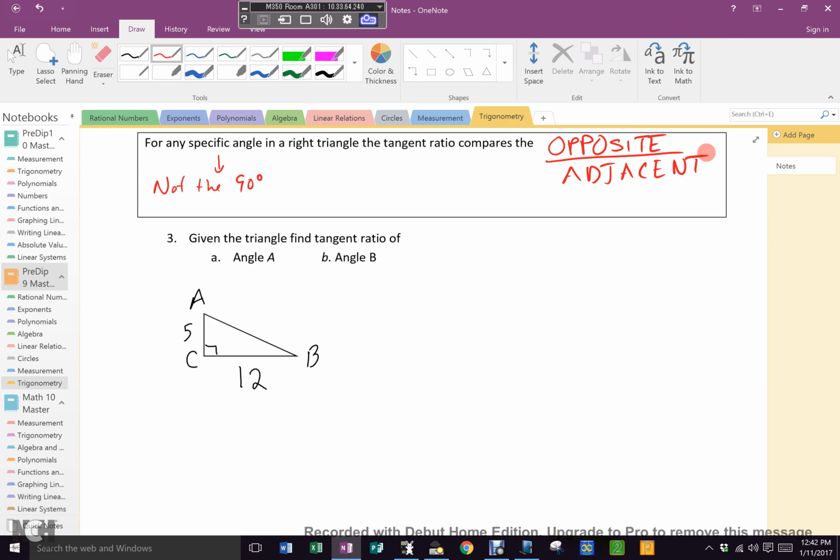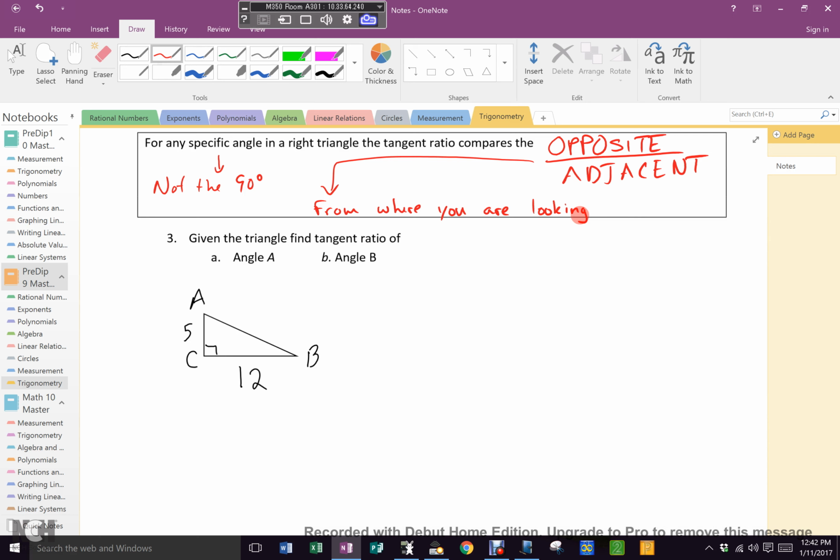It's opposite and adjacent from where you are looking. Okay? If I move in the triangle, what I see in the triangle changes. Do the numbers change? No, but their position changes.